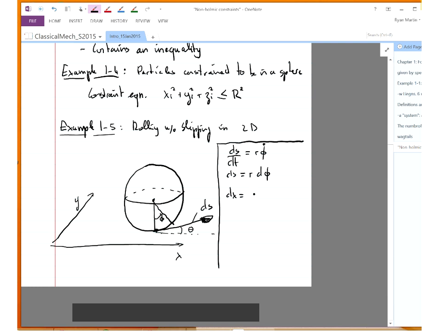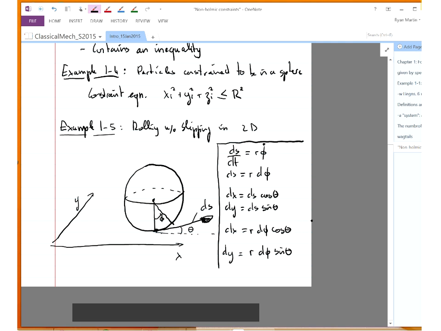So for that, we'd have to write dx is equal to ds cos theta, and dy would be ds sine theta. And so that means we'd have to write dx is r d phi cos theta, and dy is equal to r d phi sine theta. Okay.